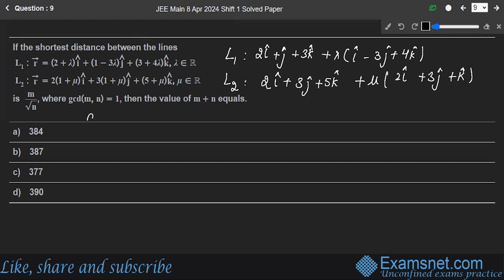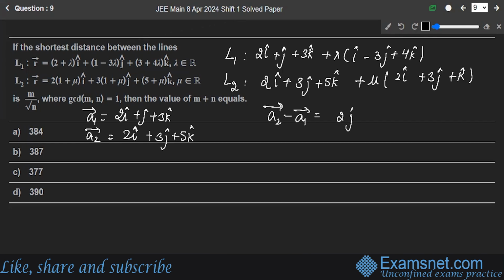So from here, A1 vector is 2i plus j plus 3k, and your A2 vector is 2i plus 3j plus 5k. What is A2 minus A1? This will give you 2j plus 2k vector.